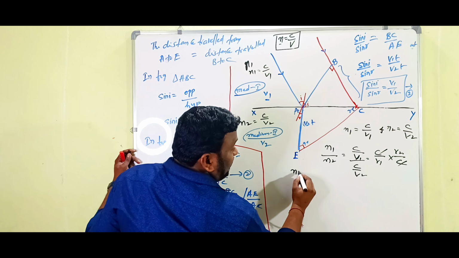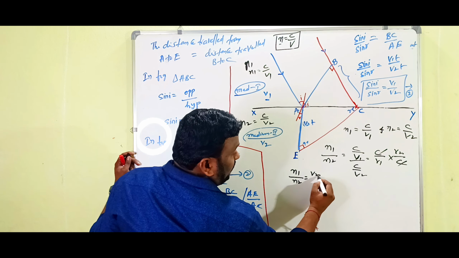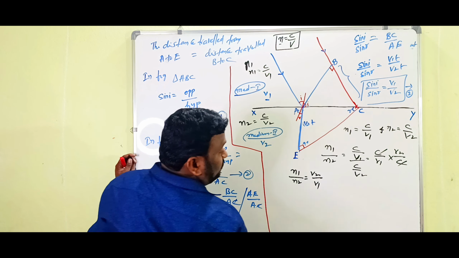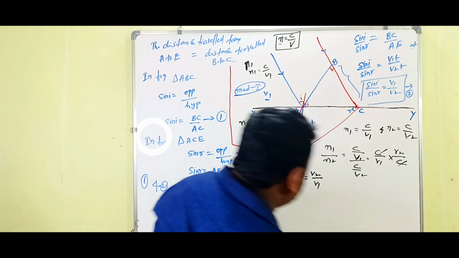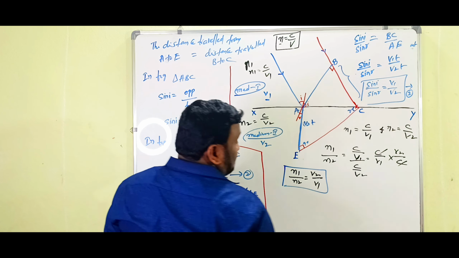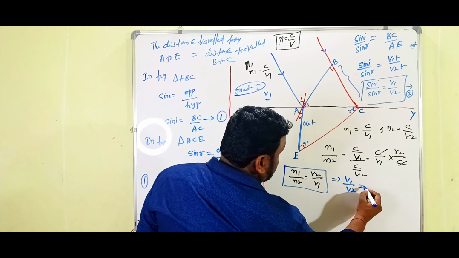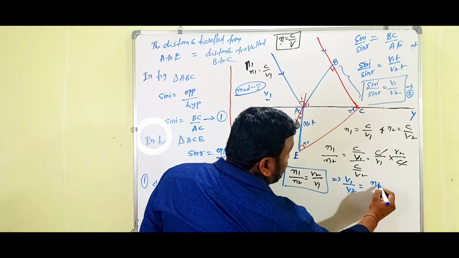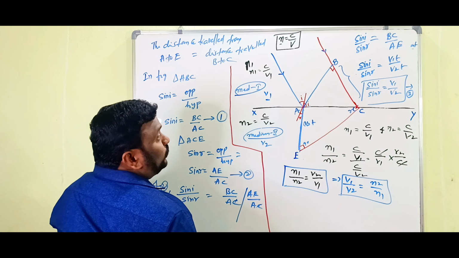Then what you get? n1 by n2 is equal to v2 by v1. But here we have v1 by v2. That's why I am going to write v1 by v2 is equal to n2 by n1.